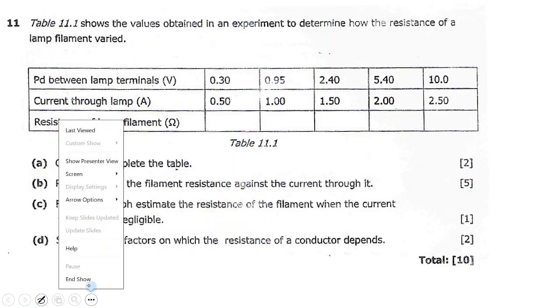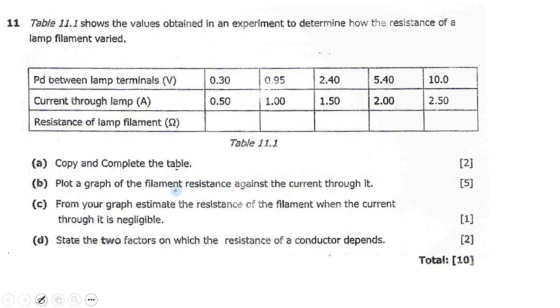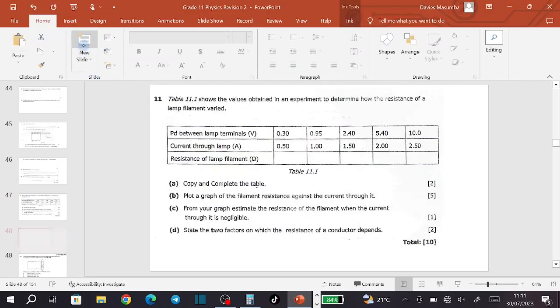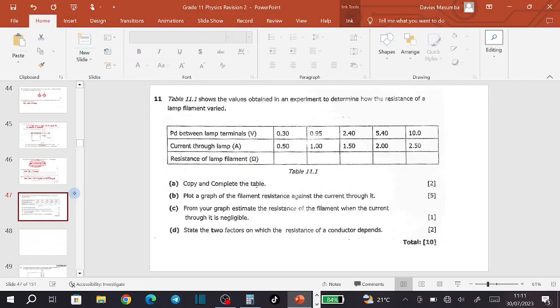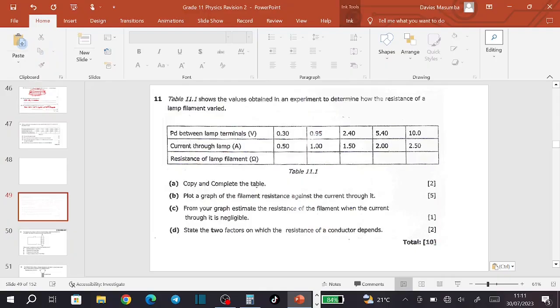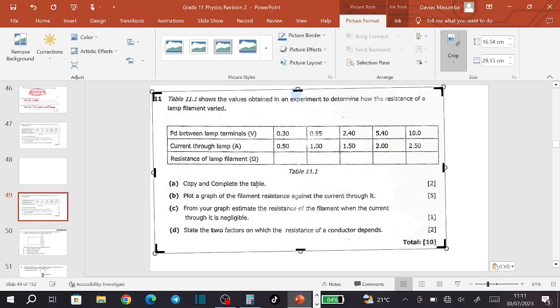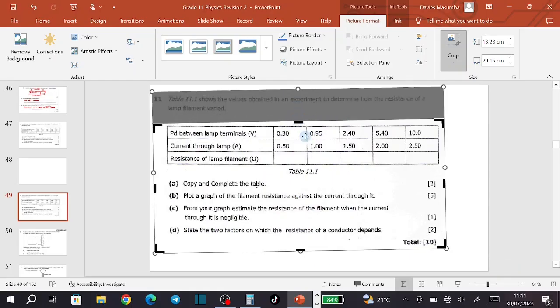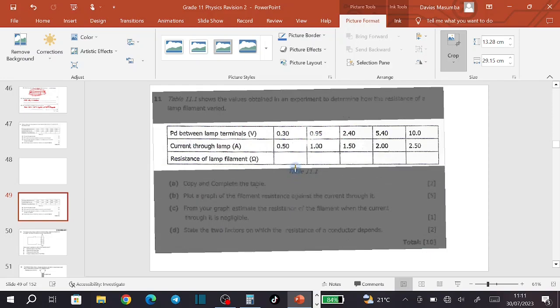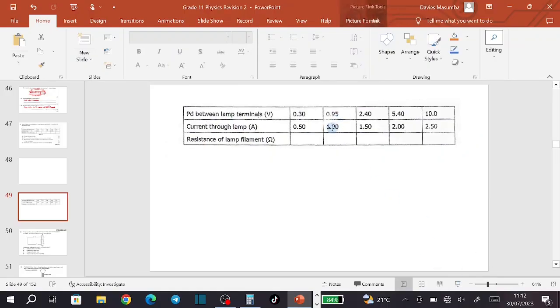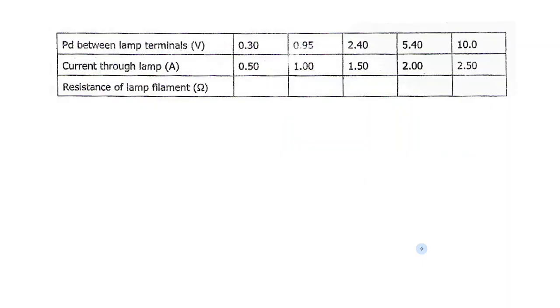Let me just create some space. So if you were to copy this table and complete it, like you are answering this question A, I'll copy this.